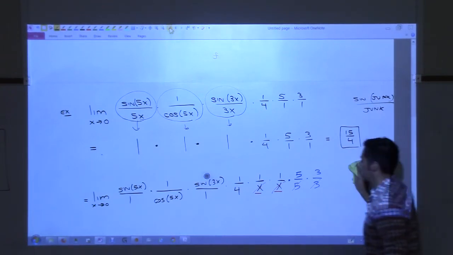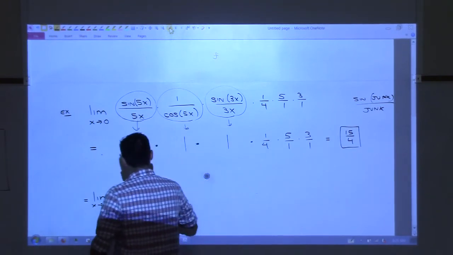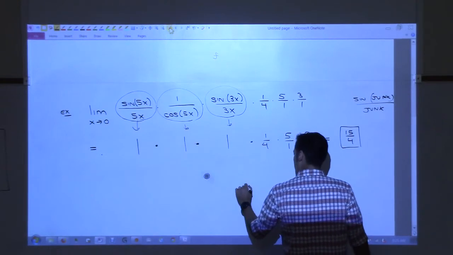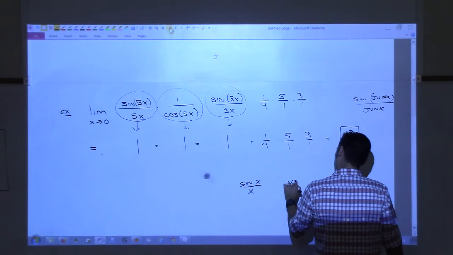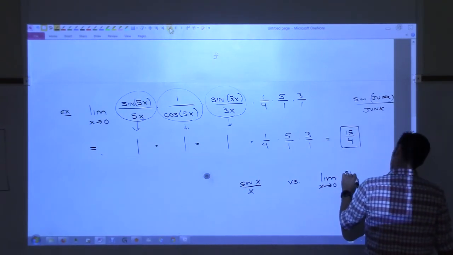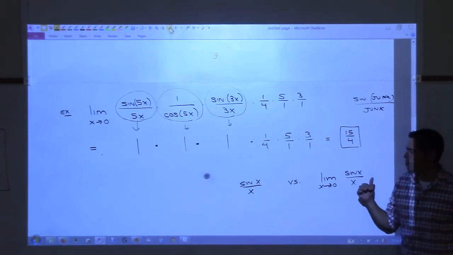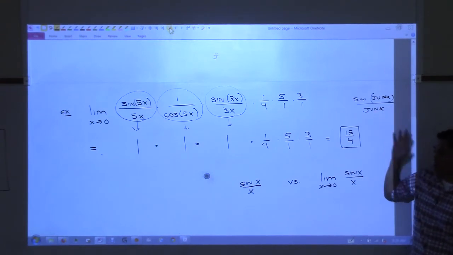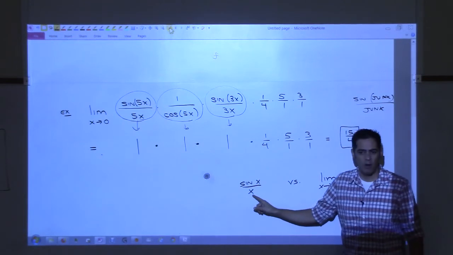What else do I want to kind of illustrate here? Let me just make sure you kind of understand something. One of the things that students kind of, because you're thinking about, oh, I need to remember this property, is that whenever you see sine x over x, you think, oh, that's 1.